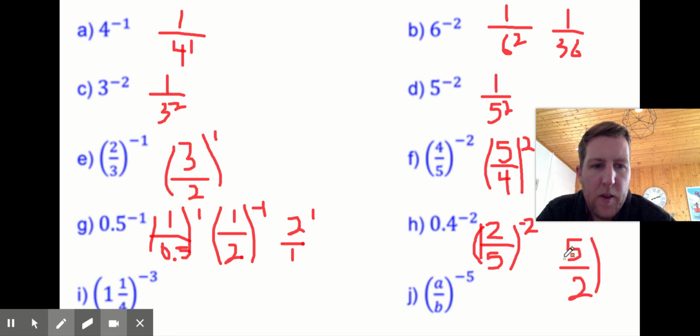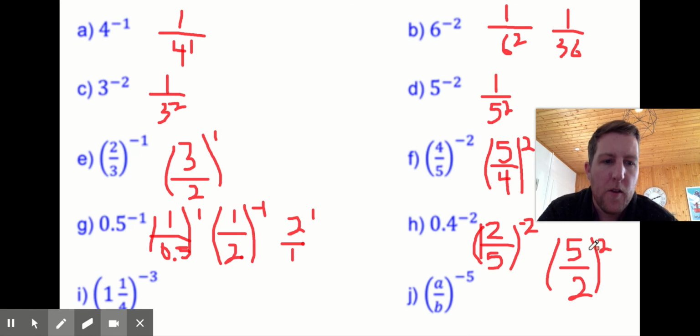And the brackets are quite important here because we have a power of 2. So 5 over 2 to the power of 2. Now, this power of 2 applies to the 5, and it also applies to the 2. So we have 5 squared and 2 squared. So it would be 25 over 4 if you wanted to keep evaluating it. You could also just leave your answer like this, dealing with the negative exponent.